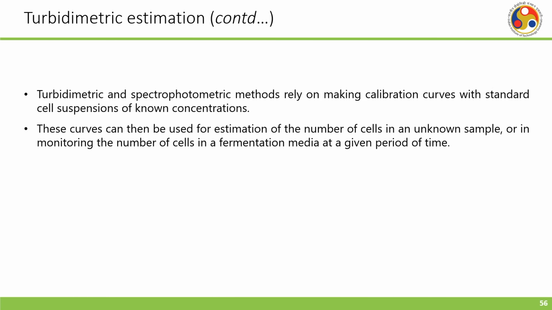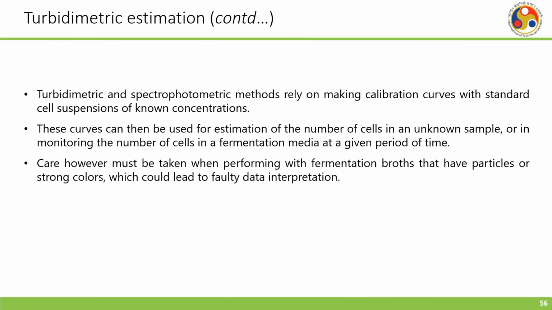These curves can then be used for estimation of the number of cells in an unknown sample or in monitoring the number of cells in a fermentation media at a given period of time. Care, however, must be taken when working with fermentation broths that have particles or strong colors, which could lead to faulty data interpretation.